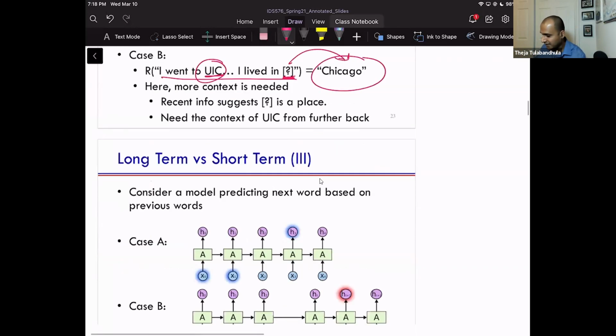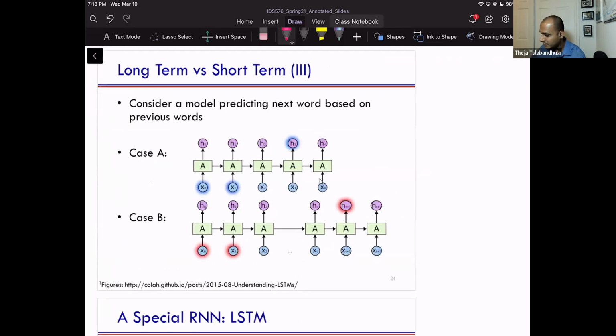How can that happen? So in pictures, basically case A is about, hey, I want to predict something at this point. This is just an unrolled diagram of an RNN. And maybe these two are the relevant information. It just happened to be a recent input, and therefore this hidden vector may have some dependency on them, right?